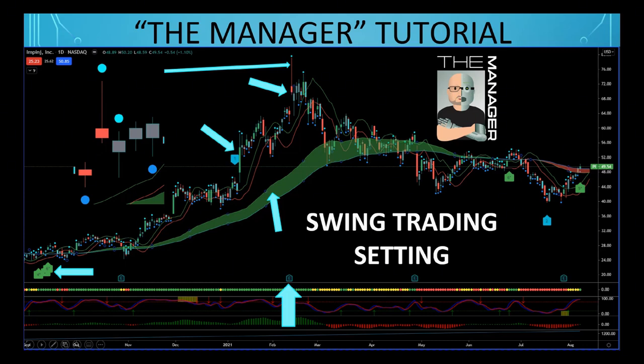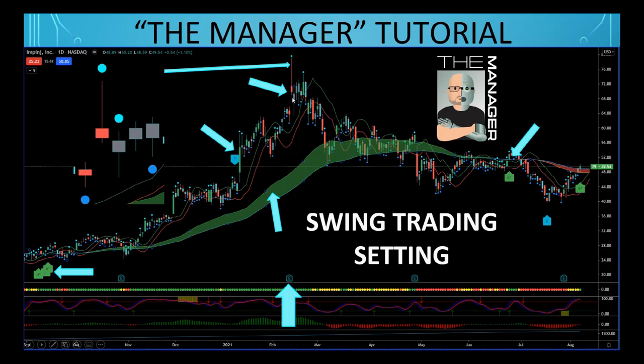So recognizing that and using the manager to recognize that behavior is very, very important, and we'll go through that what we've learned section in a little while. And you can see here though it does come down, but using that swing trading setting we would get out around about $52 instead of the following day, if it breaks the low of this rejection doji here, getting out around about $68.